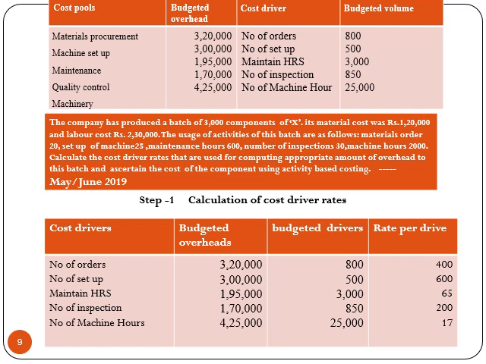Then 1,95,000 divided by 3,000 is 65 per driver. Then 1,70,000 divided by 850 is 200 per driver. 4,25,000 divided by 25,000 is 17 rupees per driver. So we are done with the first step, that is calculating the cost driver rates.